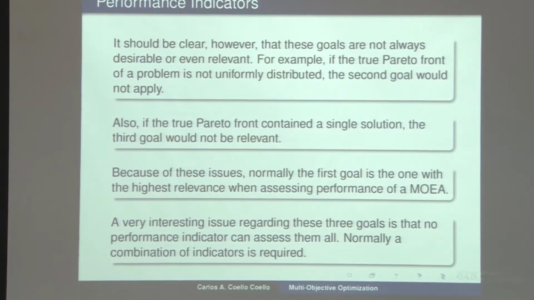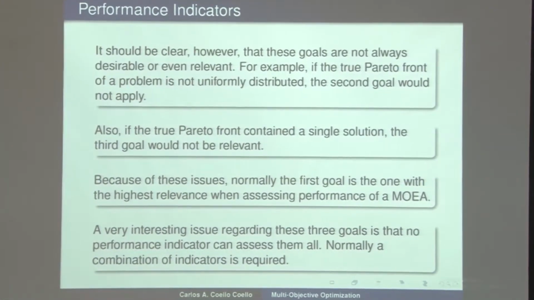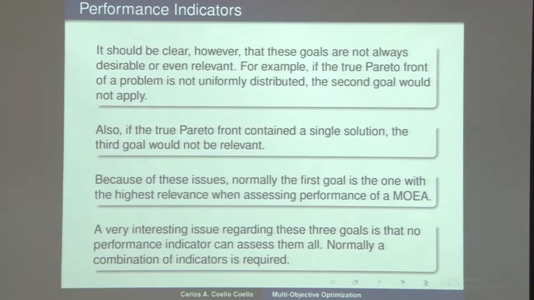And this could happen in real-world problems, because real-world problems have objective functions that in many cases are very expensive to evaluate. So we will use a very small population and very few evaluations. Therefore, we will find very few non-dominated solutions. So in that sense, applying all these measures doesn't really make any sense at all. But we're talking, of course, about benchmarks.